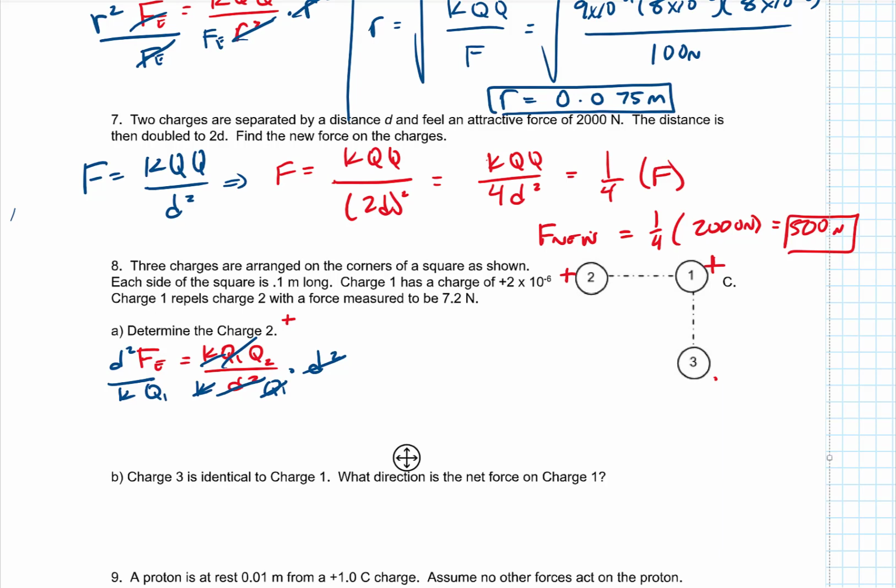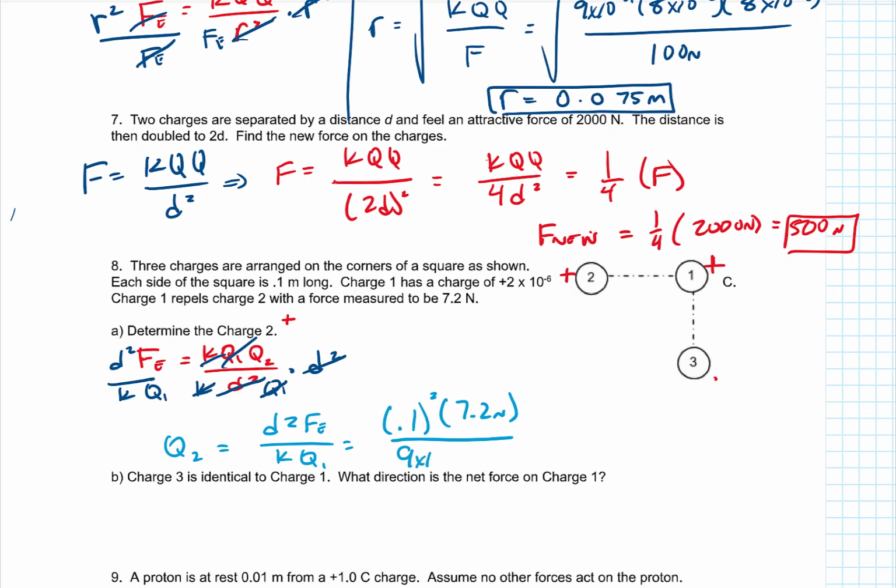So this tells me that Q2 is equal to d squared times the electric force divided by k Q1. And so for our numbers, that's going to be 0.1 meters squared times the force of 7.2 newtons divided by k, 9 times 10 to the 9th, and then also divided by Q1, 2 times 10 to the negative 6th coulombs.